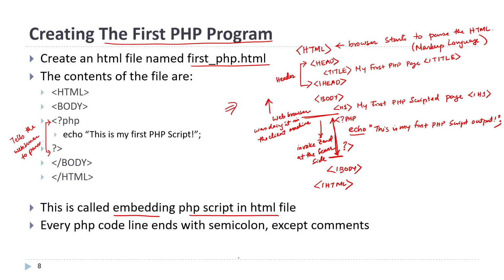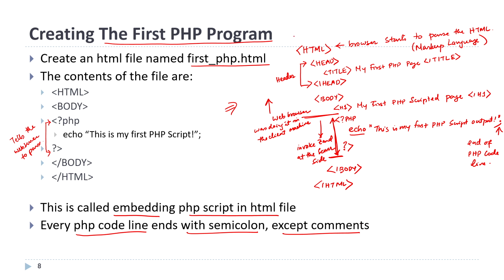So, this is one way of programming. But remember, every PHP code line ends with a semicolon. This is critical. Every line should end with a semicolon except comments. Comment lines should not end with a semicolon.